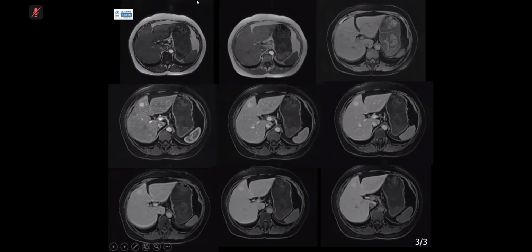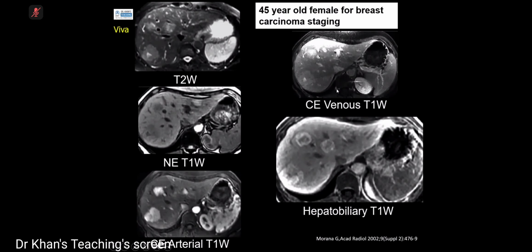This is an example of an FNH, and you can see it is arterially enhancing, does not lose contrast, and then retains contrast on the hepatobiliary phase. So that was the aim of this one. This is a good example from literature. I've got a similar case which I could not find today to show you.